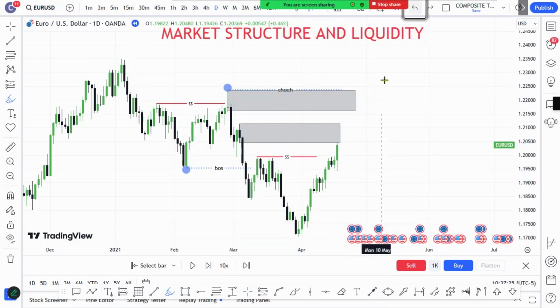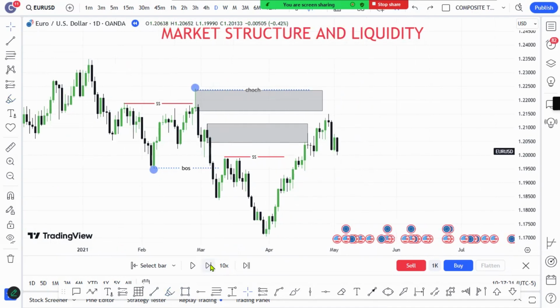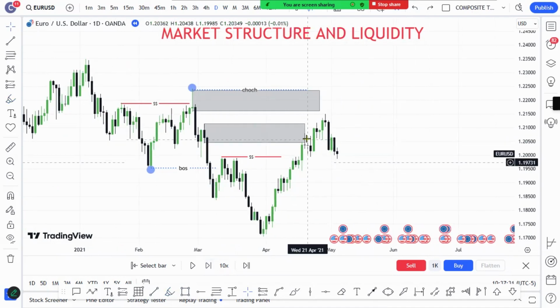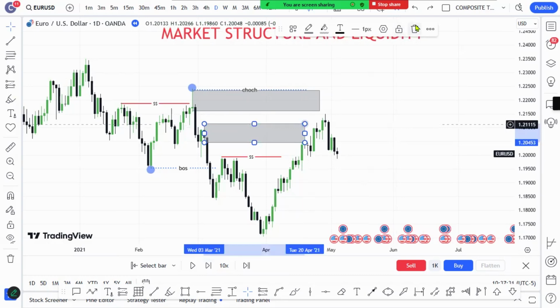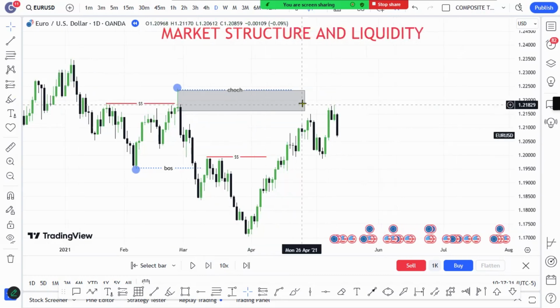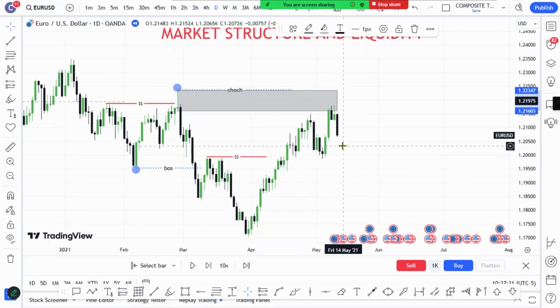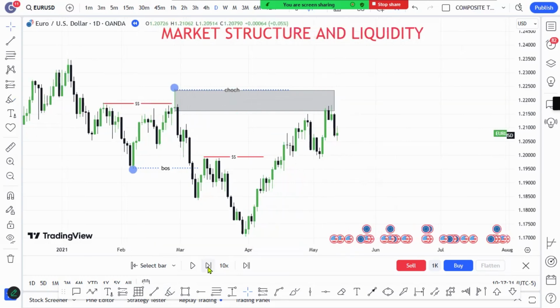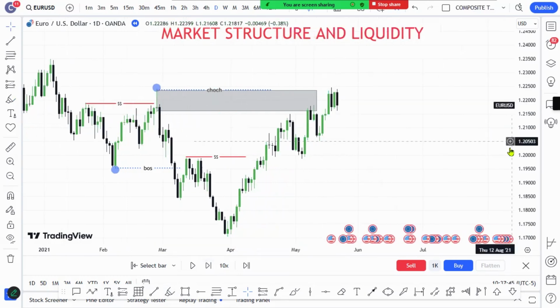So let's see what is here. See, react here and fails and violate the zone. And again, let's see what happens on this one. Taps there, react, and does it respect the level or do you see what you get here?